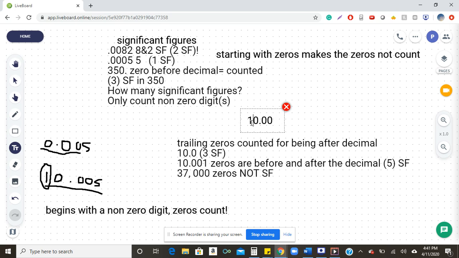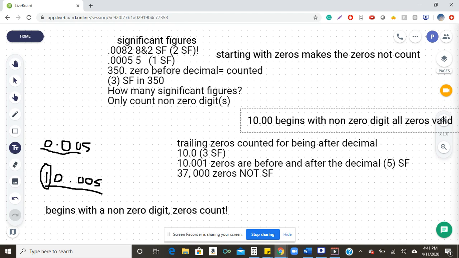It has a non-zero digit here. Begins with non-zero digit, all zeros valid. Okay.